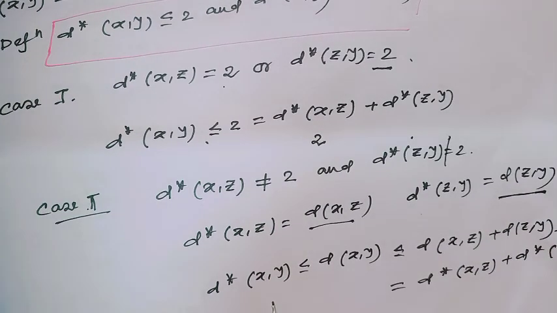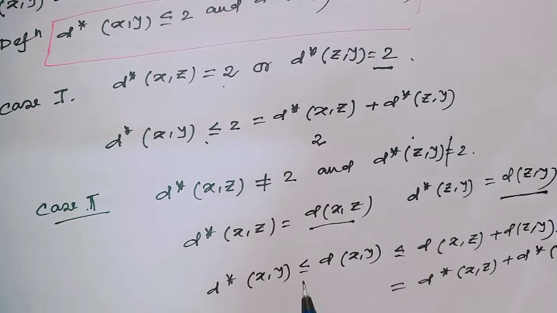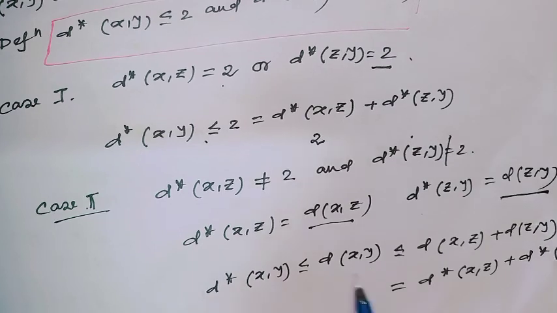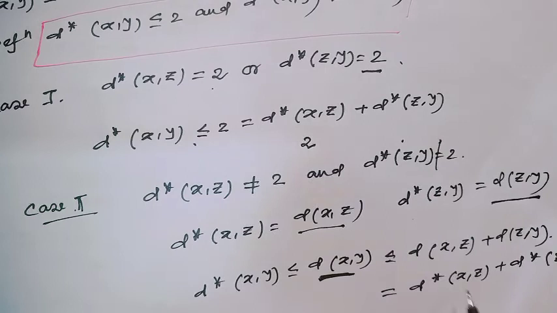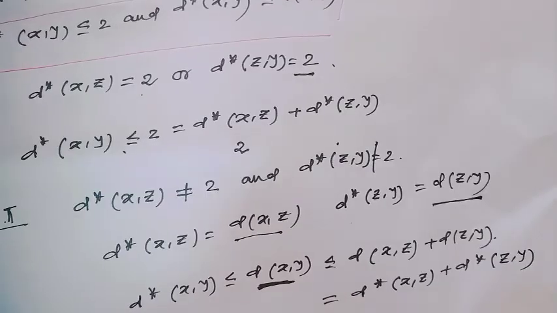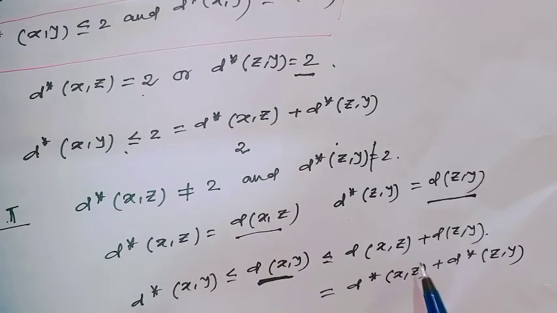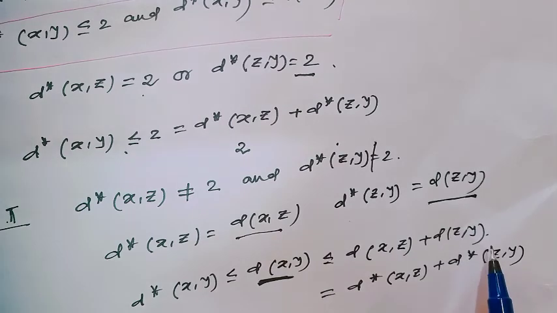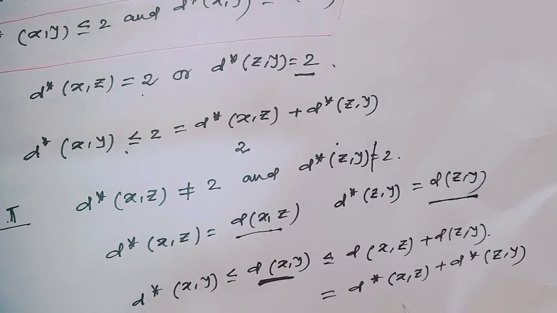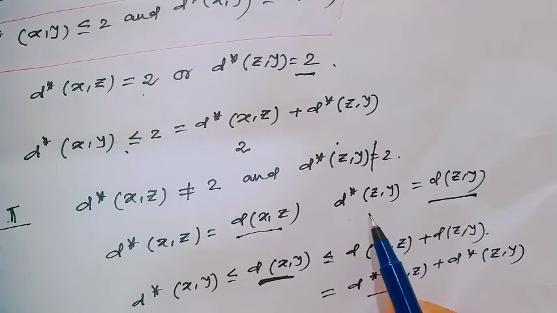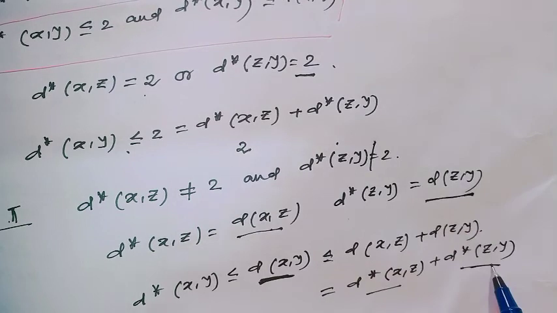Then by definition D star xy would be less than or equal to D of xy, and since D is a metric, by the triangle inequality we can tell D of xy is less than or equal to D of xz plus D of zy, and D of xz means D star xz and D of zy means D star zy.